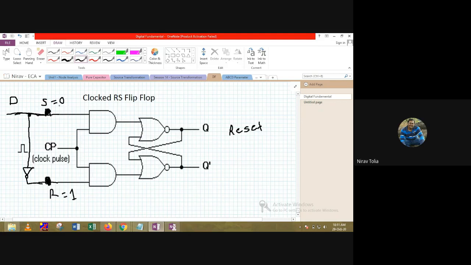And suppose my S is 1. So at that moment my R is 0. So at that time my flip-flop state is set.